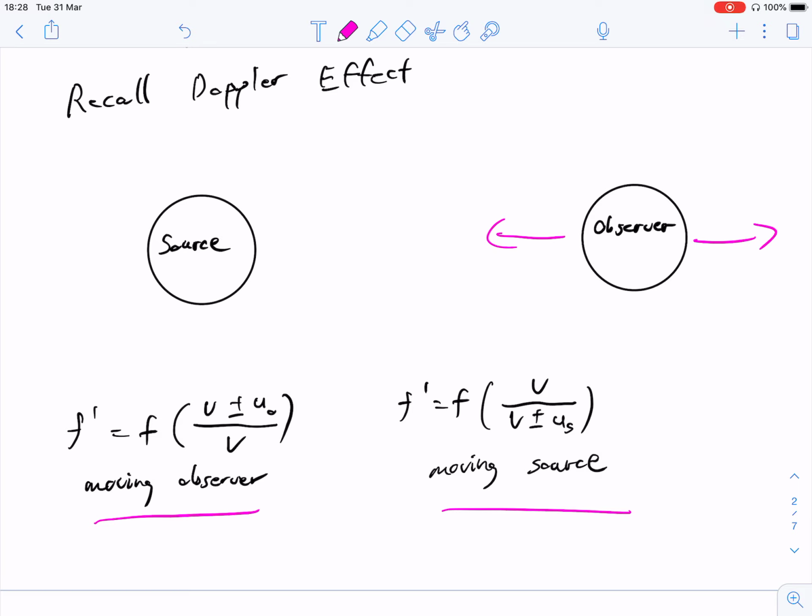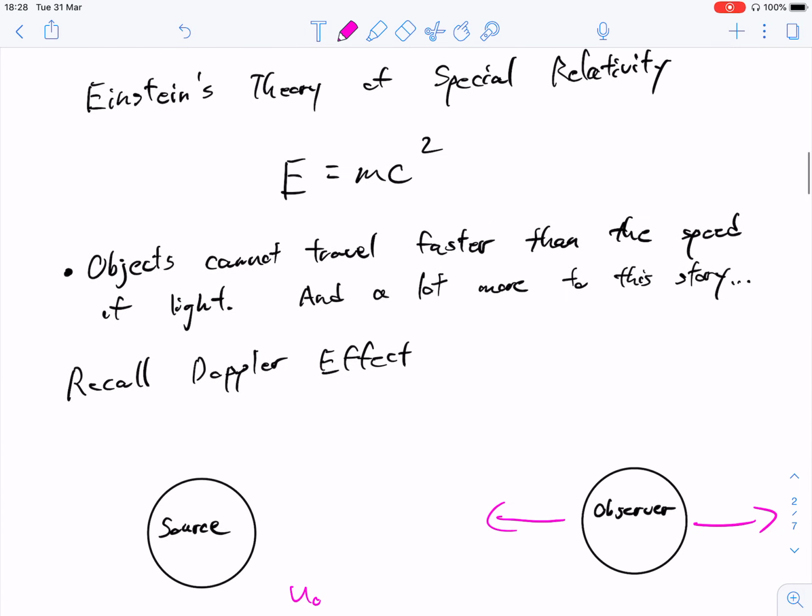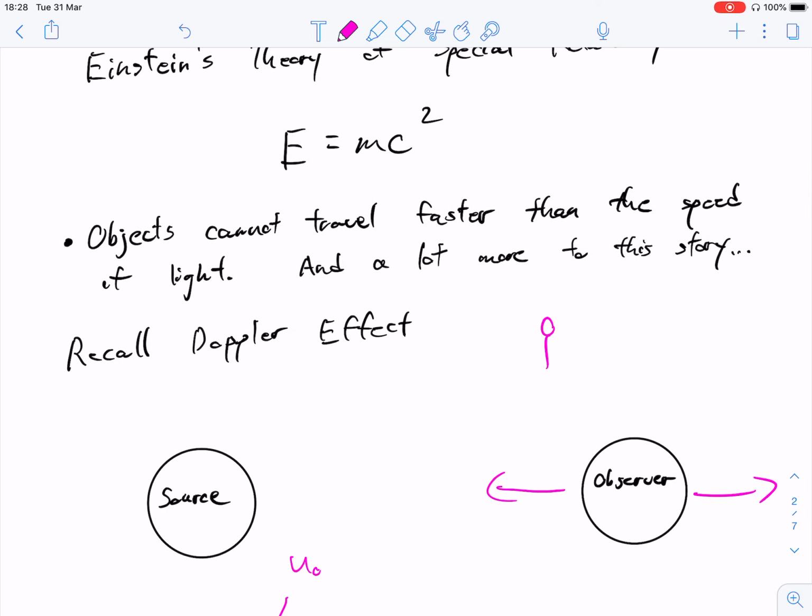In both cases, you can see that we are adding the speed of the observer, u_o, or the speed of the source, u_s. Now, the strange thing about light is that, let's say there's a guy here with a torch, running towards another person.